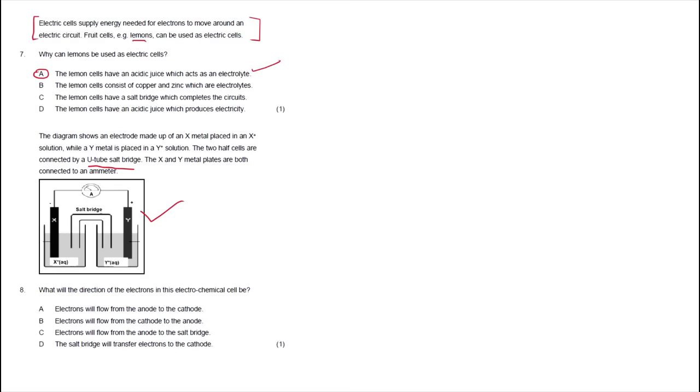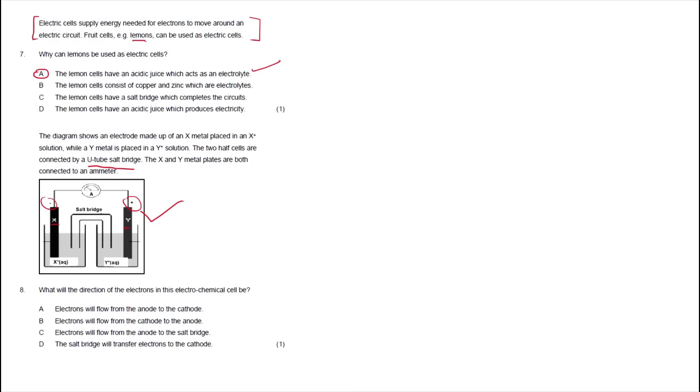We can see that we have both X and Y, and X shows a negative sign while Y shows a positive sign. So the question says, what will be the direction of the electrons in the electrochemical cell?